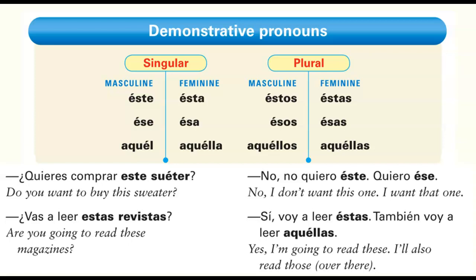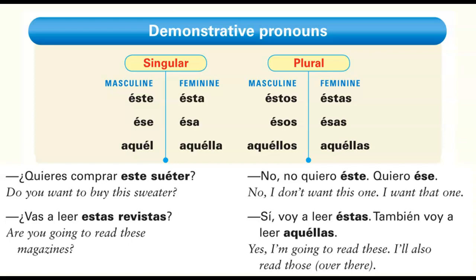Now, here we see how we can use the pronouns. First, we'll ask some questions using the adjectives. ¿Quieres comprar este suéter? And then our answer can be, we can use the pronoun to replace este suéter with este, or ese suéter with ese. So no quiero este, quiero ese. Another example, ¿vas a leer estas revistas?